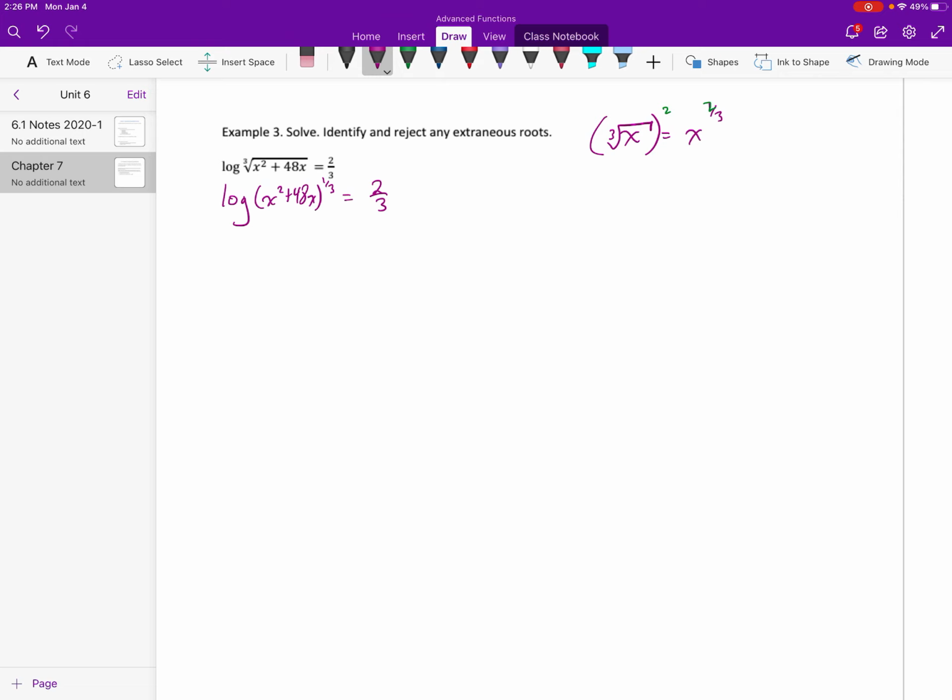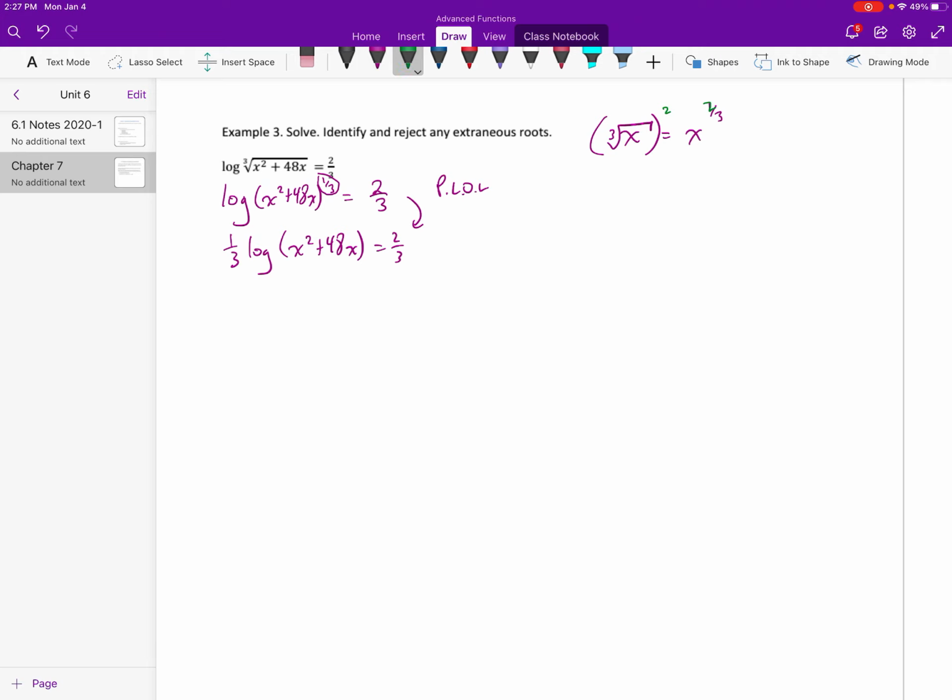Well, if the exponent here is 1 over 3, we can use the power law of logarithms to rewrite it as 1/3 log x squared plus 48x equals 2/3.